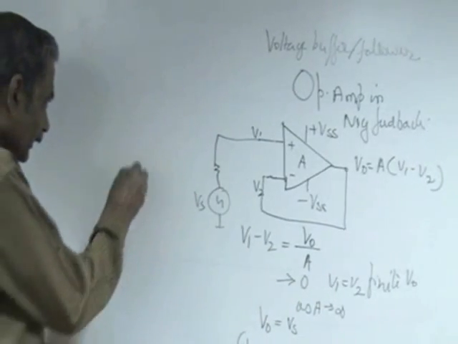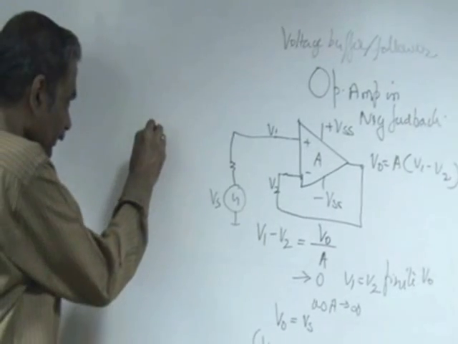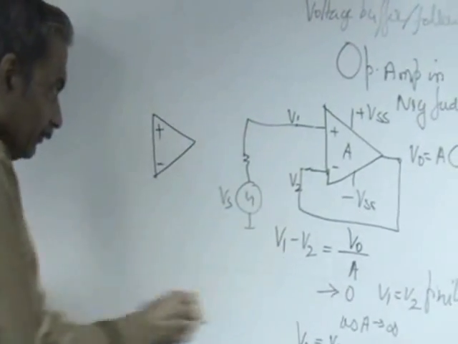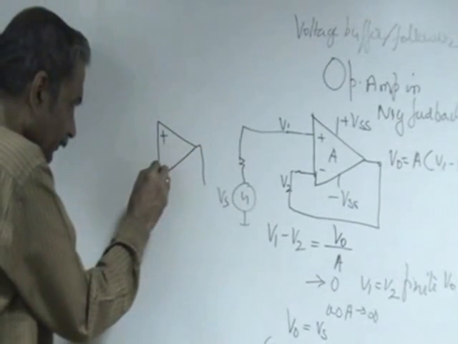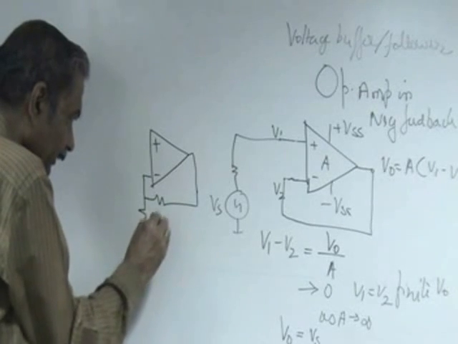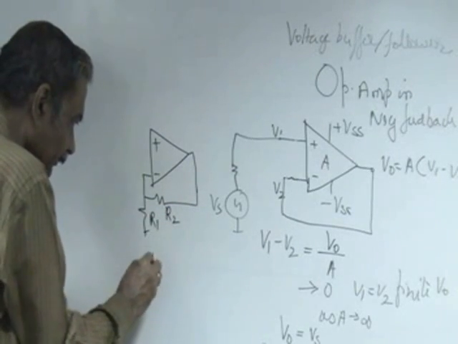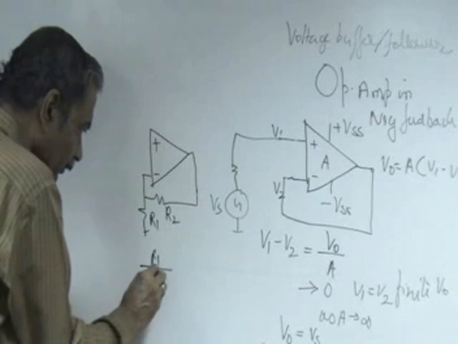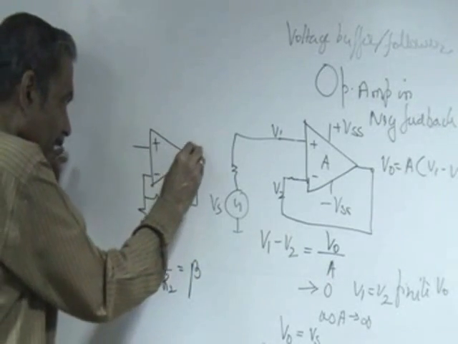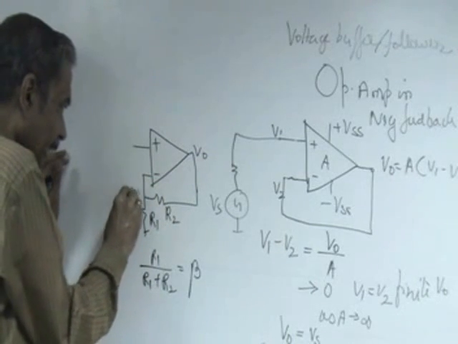non-unity gain, that is higher gain amplifier, non-inverting, is very simple. Instead of the full feedback, we are now giving partial feedback. Put an attenuator in the loop, and that attenuation is R1 by R1 plus R2. Let us call it beta. That means if V0 is the output voltage, beta V0 is feedback.